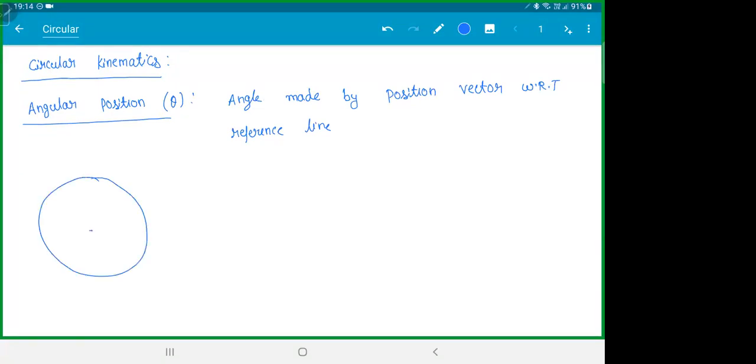Most probably, you can take this as a reference line. The reference line is something which you can choose. This is your position vector r bar, and this is your angle theta.